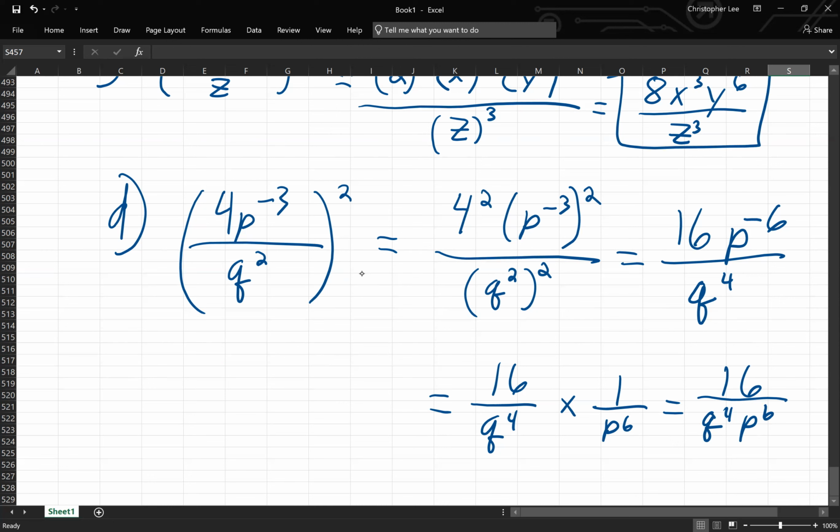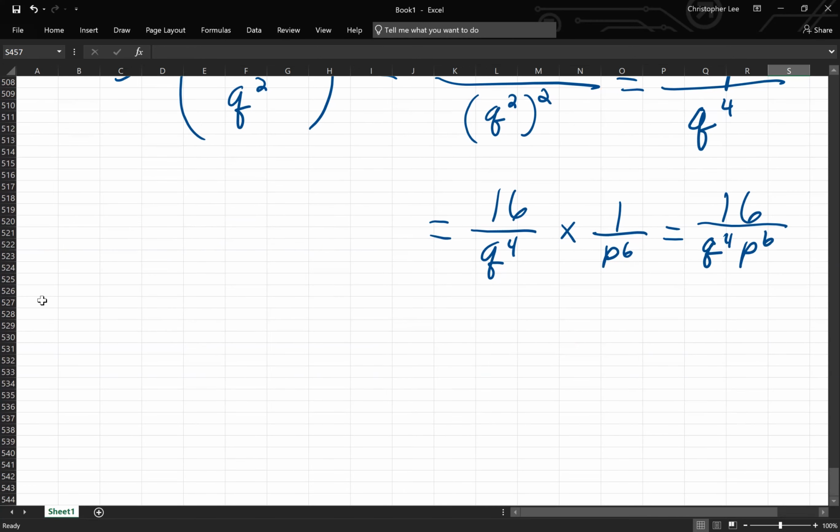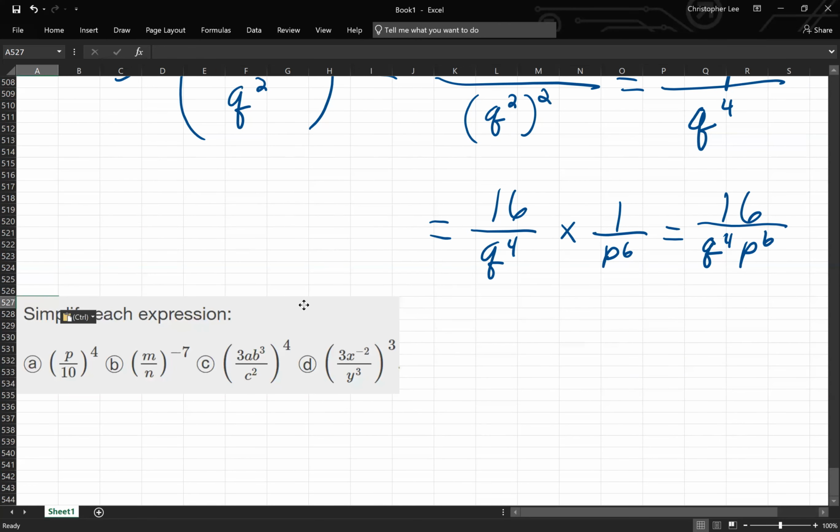Questions? I was going to let you guys try. Just change the p to the negative 6 to 1 over p to the 6 and then multiply instead. You guys try.